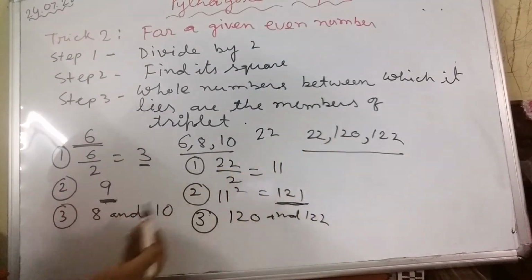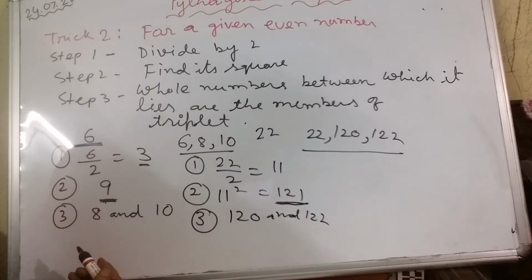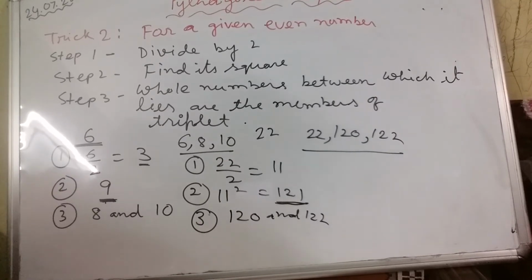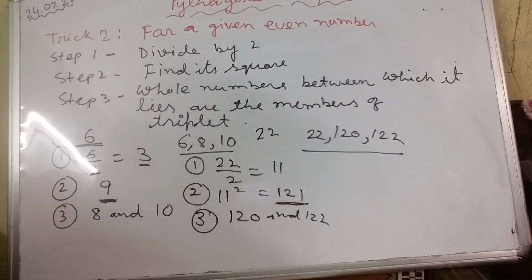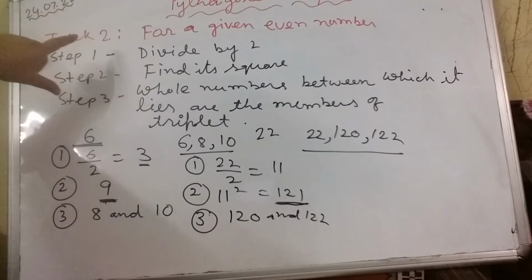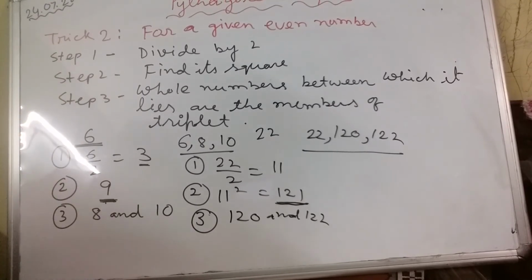When you find out this Pythagorean triplet, you can check whether you are correct or not. Remember, in this fashion, trick 1 and 2 are for odd and even numbers. But do remember, the given number should be the smallest number of the triplet. In both the tricks, the number given will be the smallest number of that triplet.